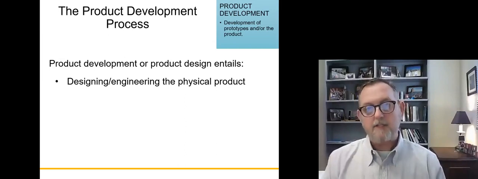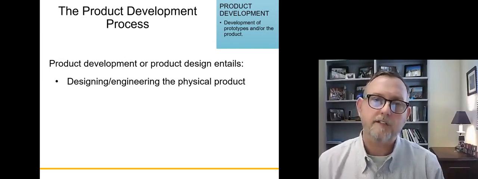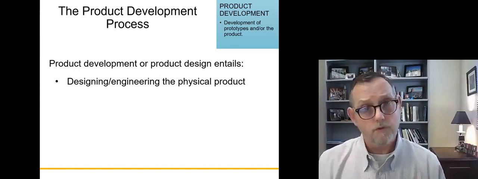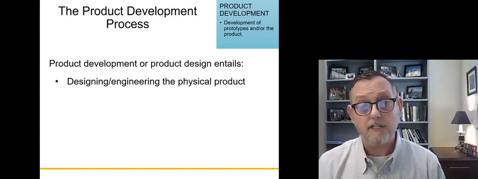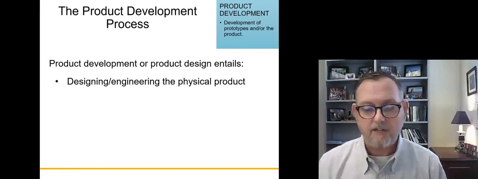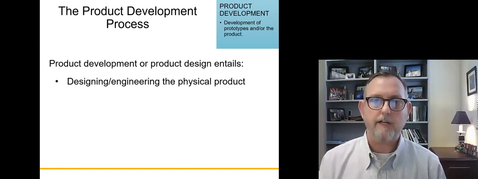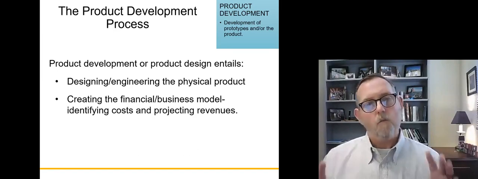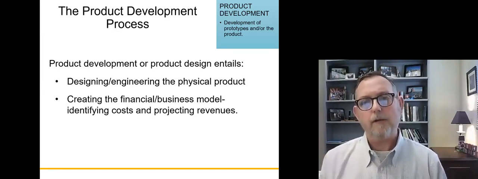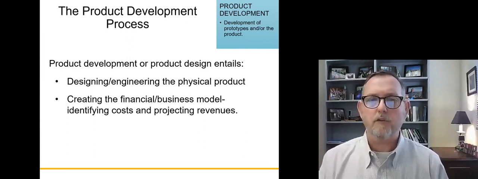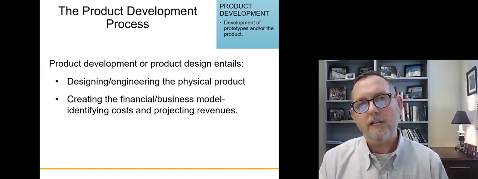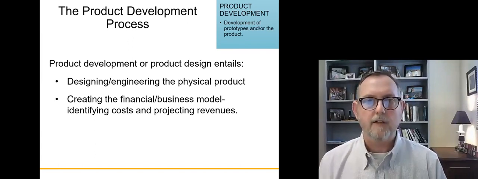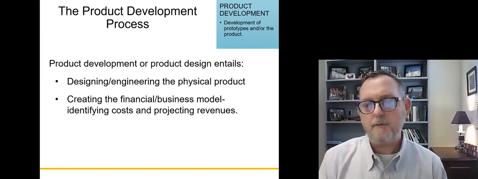Step number 3 is actually broken into a couple different pieces, but this would be product development. So we have the concept. The concept has been approved internally and externally by customers. So now we have to start actually developing the physical product, designing, engineering it, creating that physical product while we create what's called a business model or financial model where we identify the costs and we project the revenues for this product.